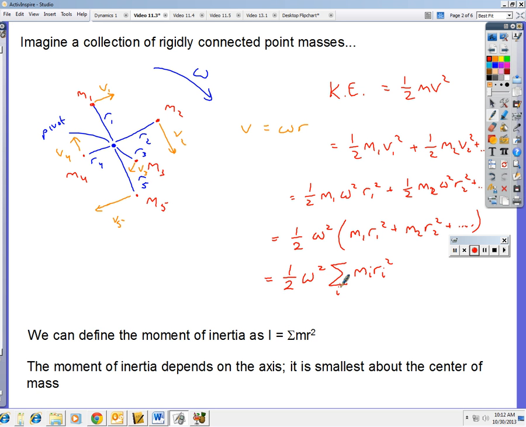And if you look at this, if we call that sum the moment of inertia, I, then we find that the kinetic energy equals 1/2 I omega squared, which is a formula of exactly the form that we wanted to have.